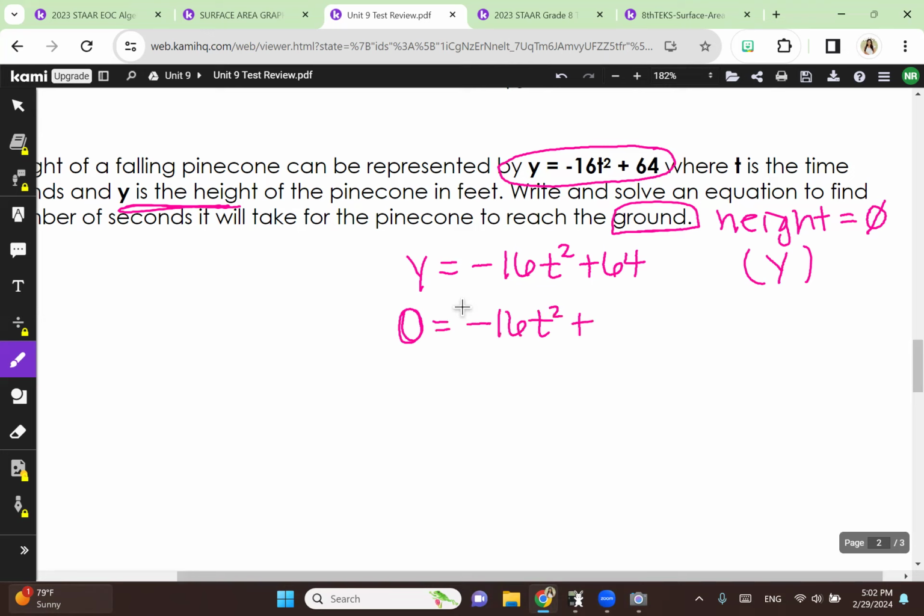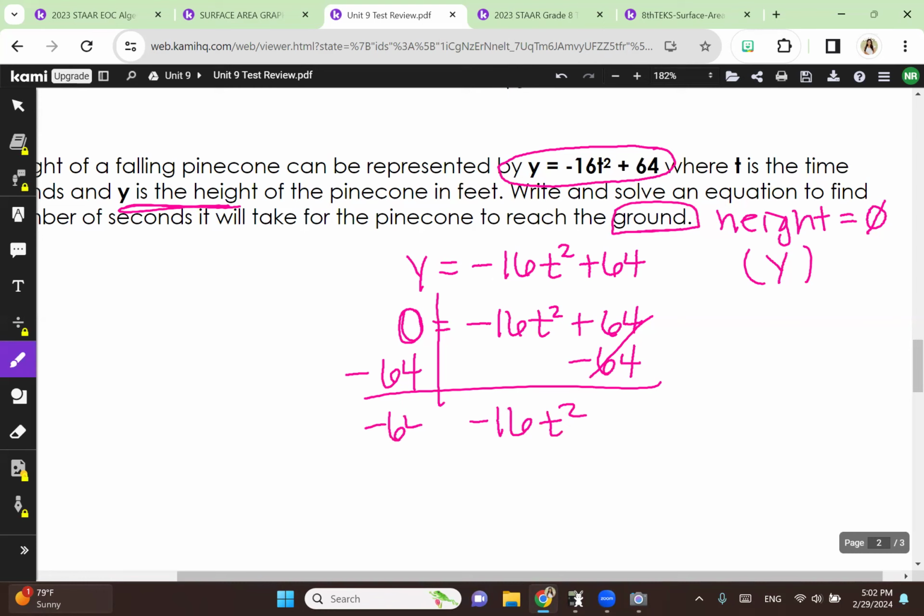Now, just like if you were solving any equation, even without the squared, you always start with the constant. So I'm going to subtract 64. Bring down negative 16t squared, negative 64. From there, these two are multiplied, so you divide by negative 16.